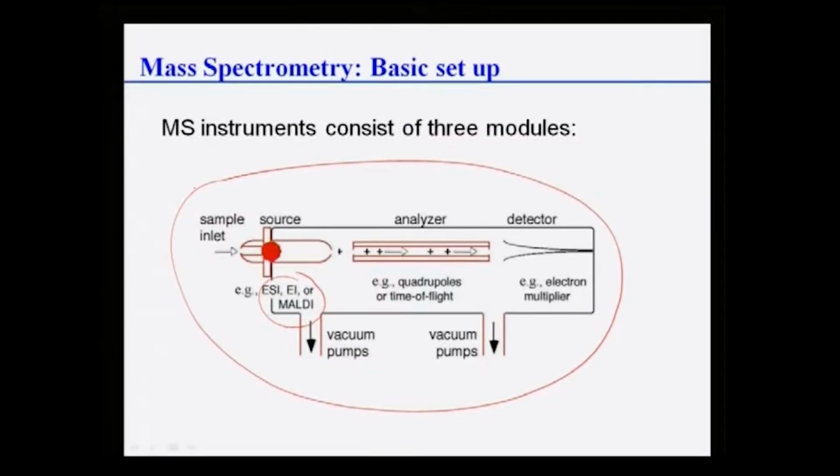So these are basically the 3 modules of any mass spectroscopy. In SIMS, both the analyzer and detector remain the same, the only thing which gets changed is the source. We create secondary ions using the primary ions, okay, but in a mass spectroscopy we use primary ions to analyze these masses.